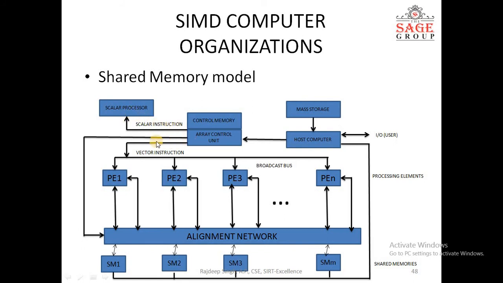If it is of vector type, it will be distributed among various processing elements through a bus, and now the execution will start, and the shared memory will be available through the alignment network. Okay, so this is the shared memory model of SIMD computer organization.